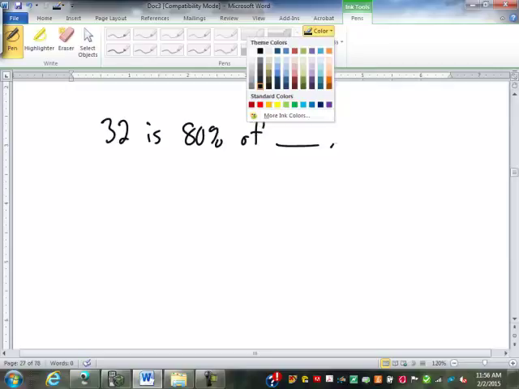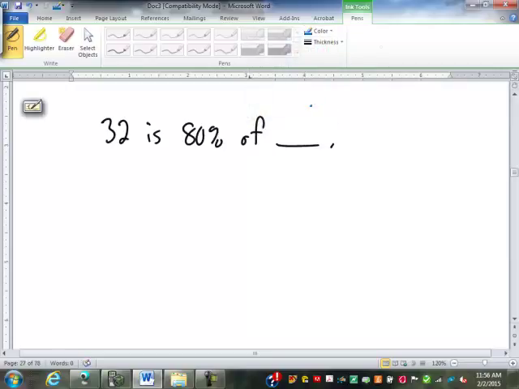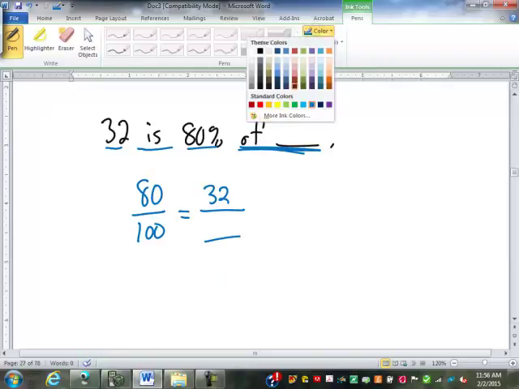So we have this one. 32 is blank, or is 80% of blank. So we're back. We have the percent this time, so we're back to still starting there. 80% being 80 out of 100. 32 is 80%. So the 32 matches up with the 80. Of blank or out of blank implies the missing number goes on bottom.